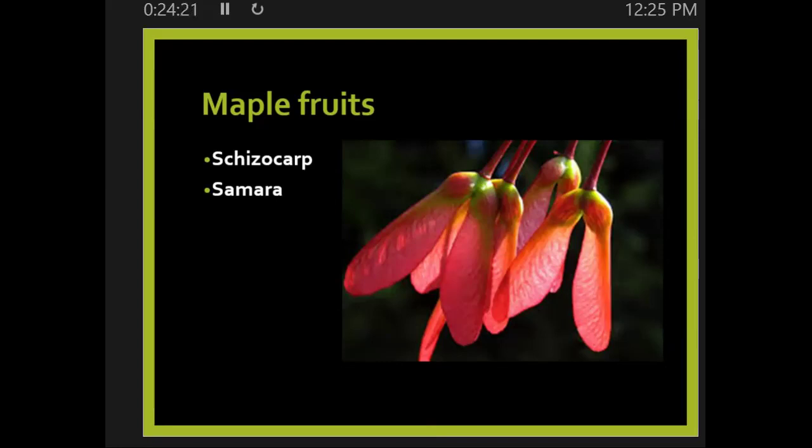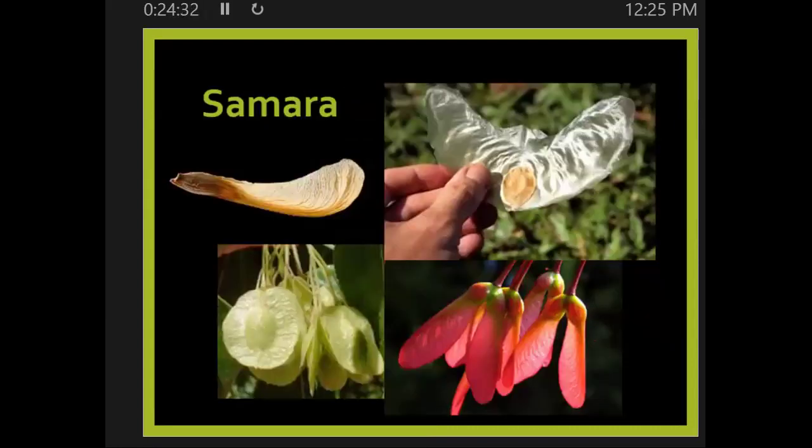But if you were ever to go and key out things, like if you had a field guide with you and you wanted to key out things, these types of terms you would be asked to look at. And so you can see they're really well adapted for wind dispersal primarily. They're just well designed. They're like airplane wings.